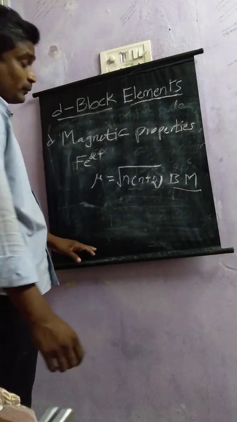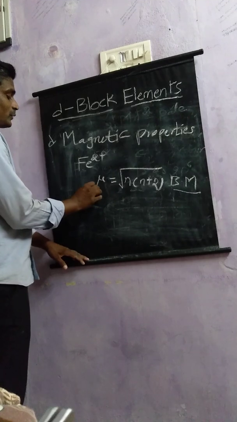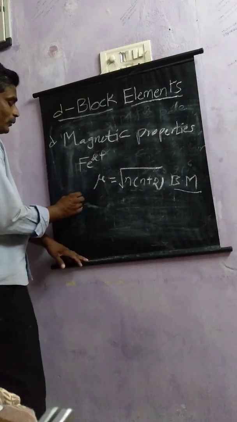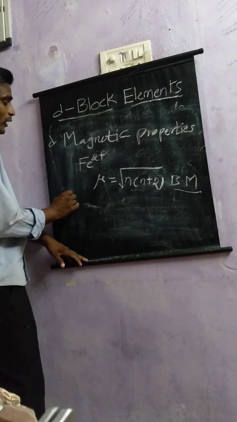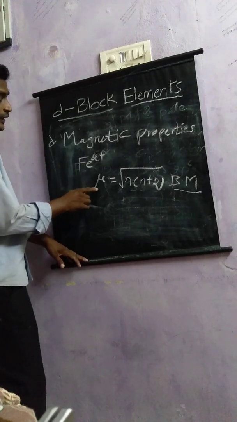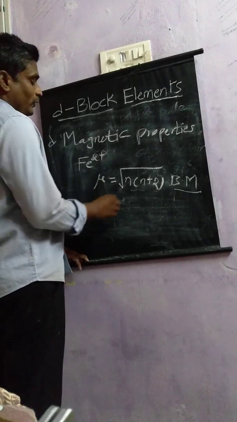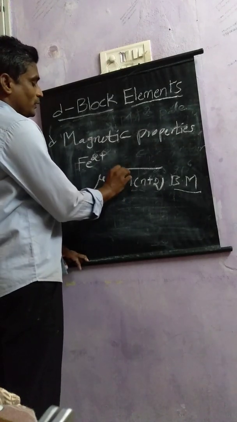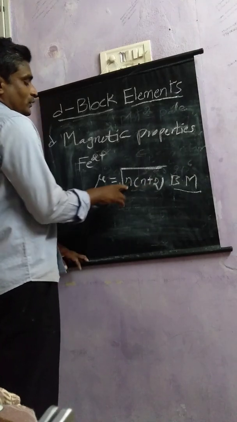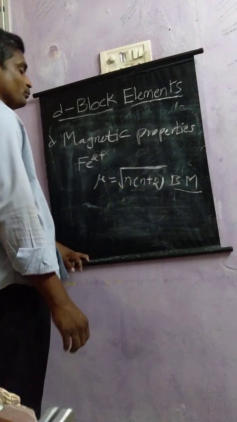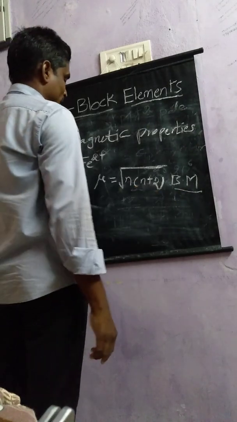Magnetic moment is symbolically represented with the letter mu. To calculate magnetic moment, we have to use the formula root of n into n plus 2 BM. BM is the unit of magnetic moment.